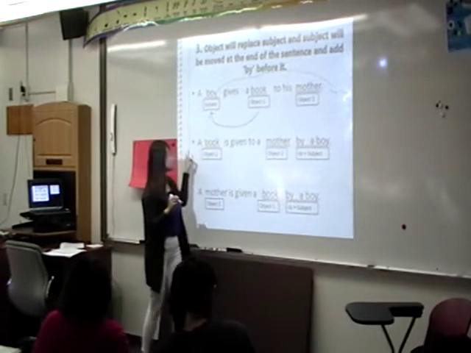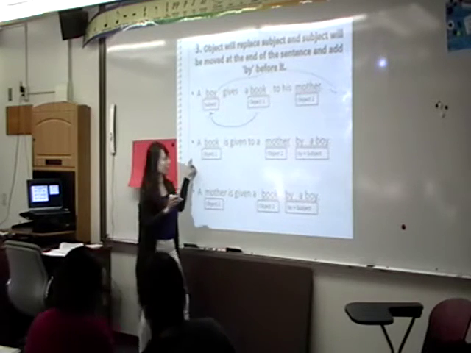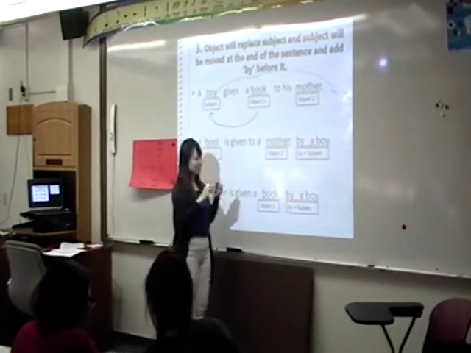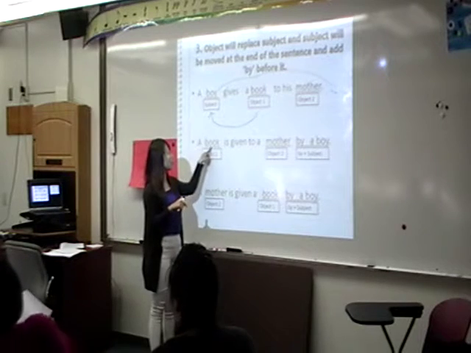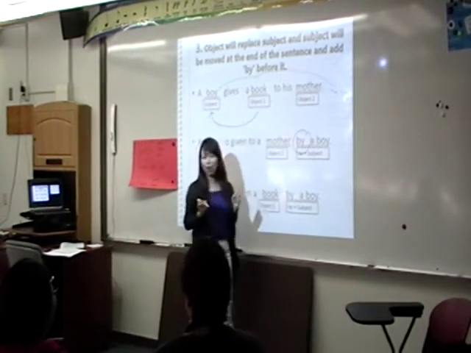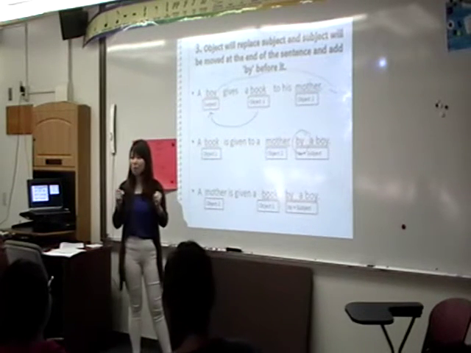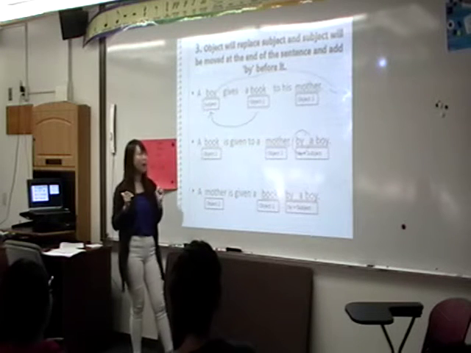And this object will remain the same place. So it becomes a book is given to a mother by a boy. You cannot forget the by, okay? So when you do your homework, remember to check the by.